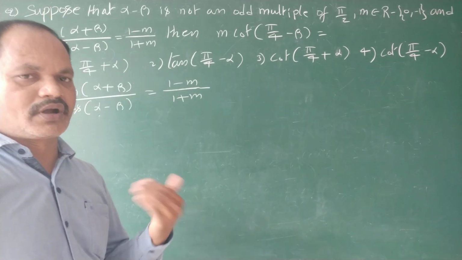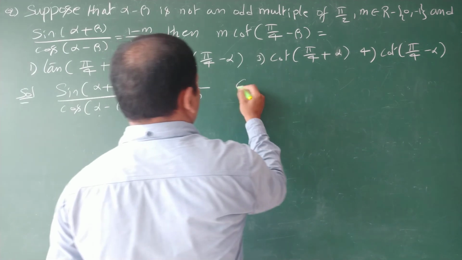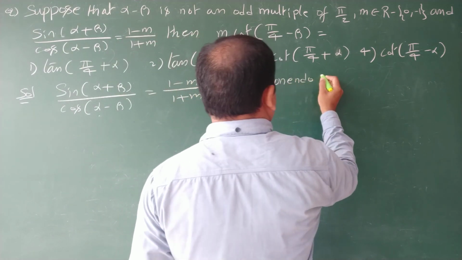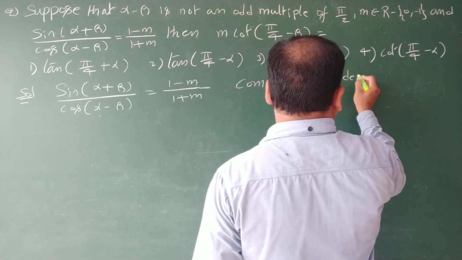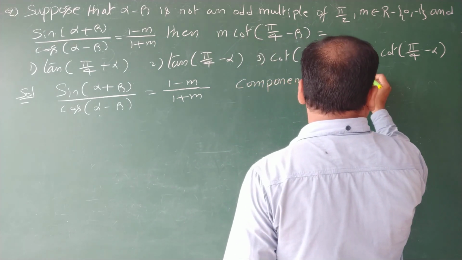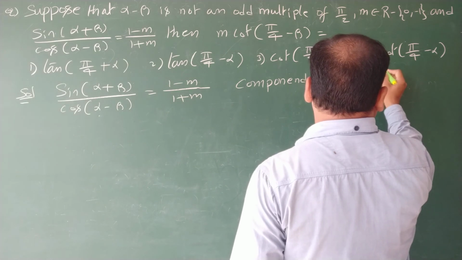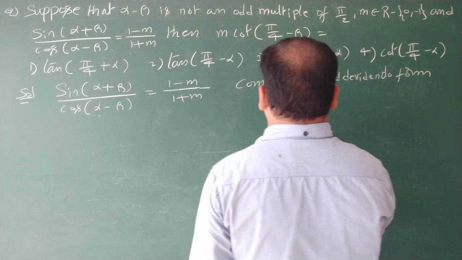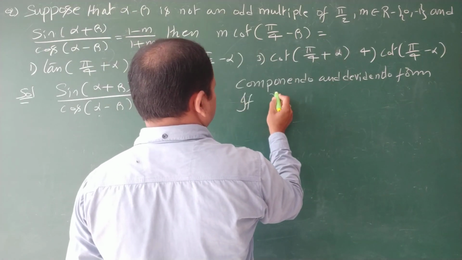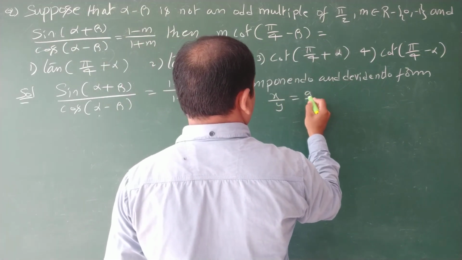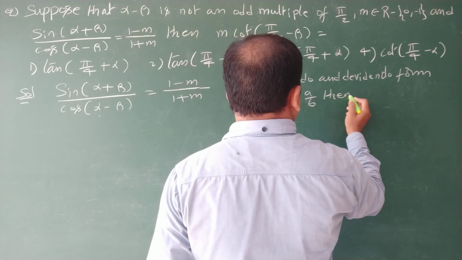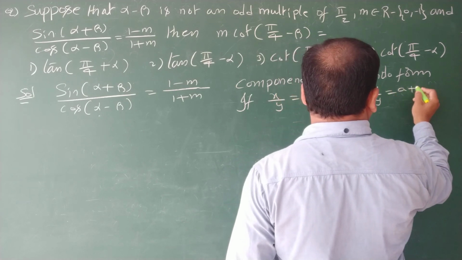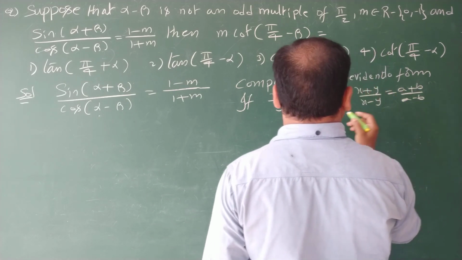What is the formula for componendo and dividendo? If x by y is equal to a by b, then (x plus y)/(x minus y) is equal to (a plus b)/(a minus b).